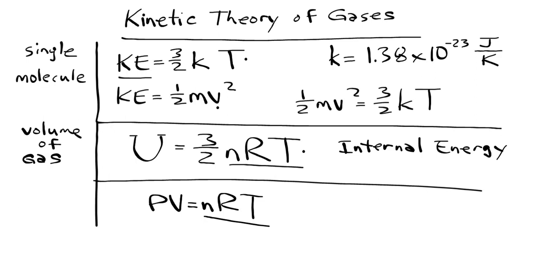So you could actually derive a form of this where the internal energy is 3/2 the pressure times the volume. That can and will come in handy on your worksheet. Of course, your pressure would have to be in Pascals and your volume would have to be in meters cubed, but that is an interesting little derivation that you can do.